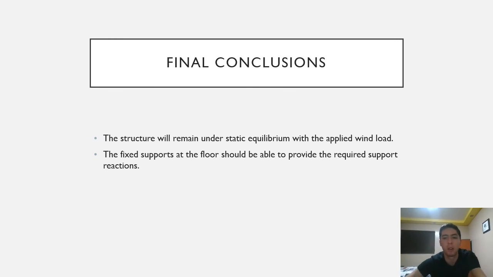So the structure should be able to provide these necessary reaction supports. Calculated without the wind load, the vertical components were about 2,000 to 3,000 newtons in each of the structures. So a little more reaction component on structure B shouldn't make a difference to the static equilibrium state.